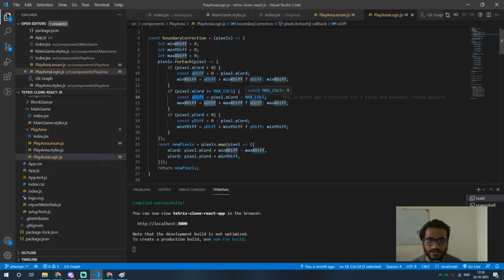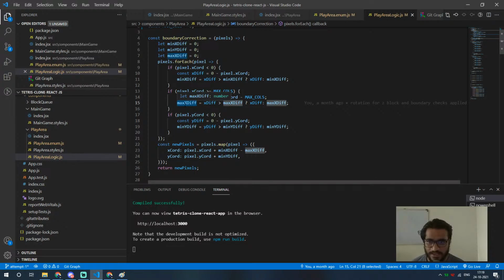Diff means the difference between that particular pixel and the boundary, how much farther we have to go. There are 4 pixels, and it would check with every pixel and take the maximum diff, and then it would change the value as per that diff, right?